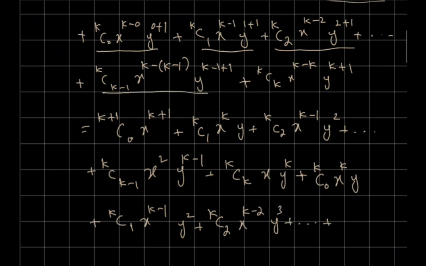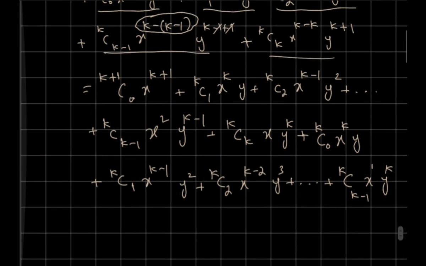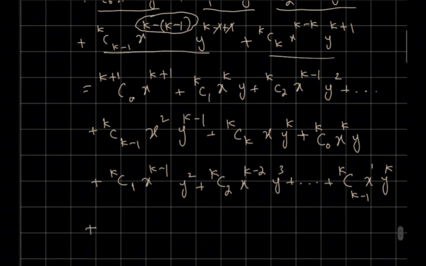What is this? This is kC(k minus 1) x to the this power. This is k minus k, which is 0 plus 1. So x to the power 1. And what is this? Y to the k. Look at this term. This is kCk x to the k minus k, which is x to the 0.